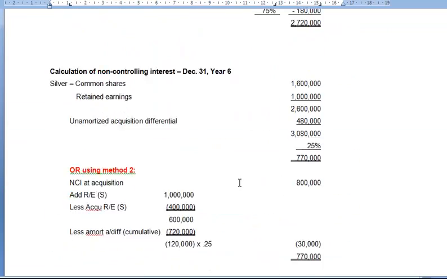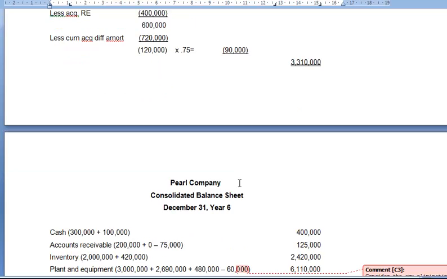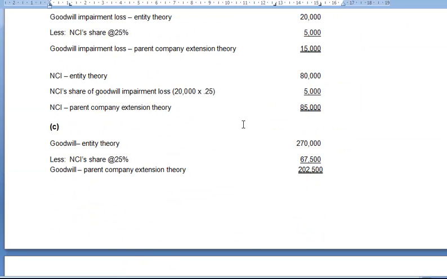So therefore, if we go down here, we know that NCI here, under the entity theory, was 80,000, 25% of the adjusted income of the sub, which is adjusted for the impairment loss in part, which is included in that 80,000, but the NCI doesn't pick up its share of that $20,000 loss, right? So we deduct, so it doesn't pick up that share of 5,000. So in essence, NCI under the parent company extension theory is higher. It's higher because NCI doesn't get allocated any part of the loss.